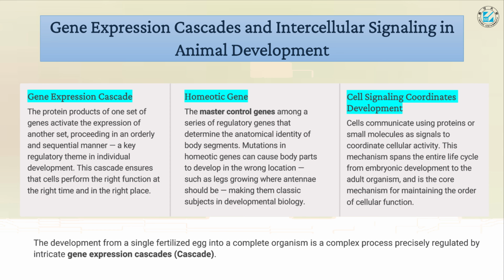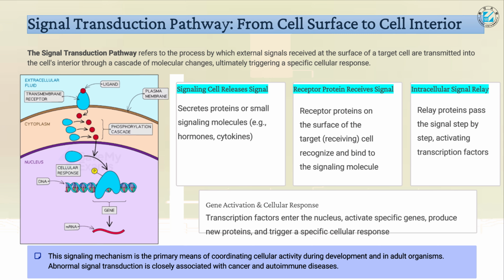This regulation occurs through a gene expression cascade. A gene expression cascade means that proteins produced by one group of genes activate another group of genes. This sequential activation allows development to proceed in an organized manner.